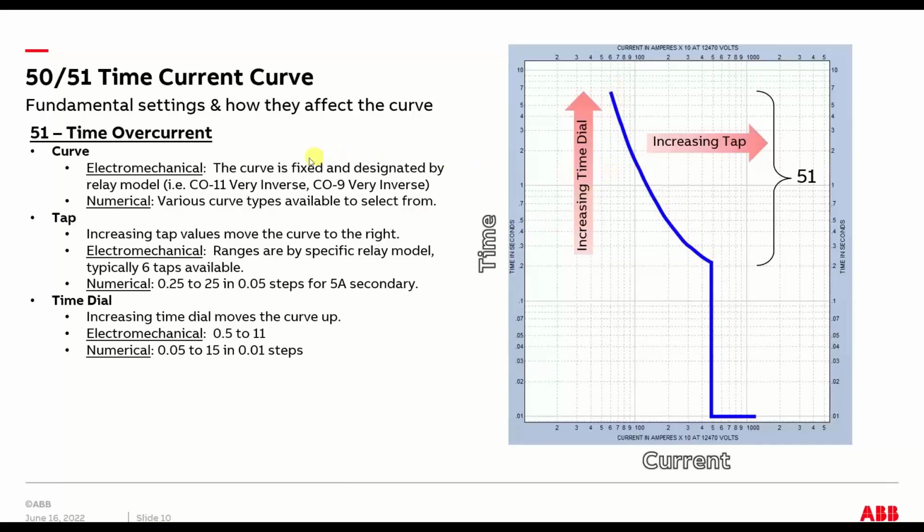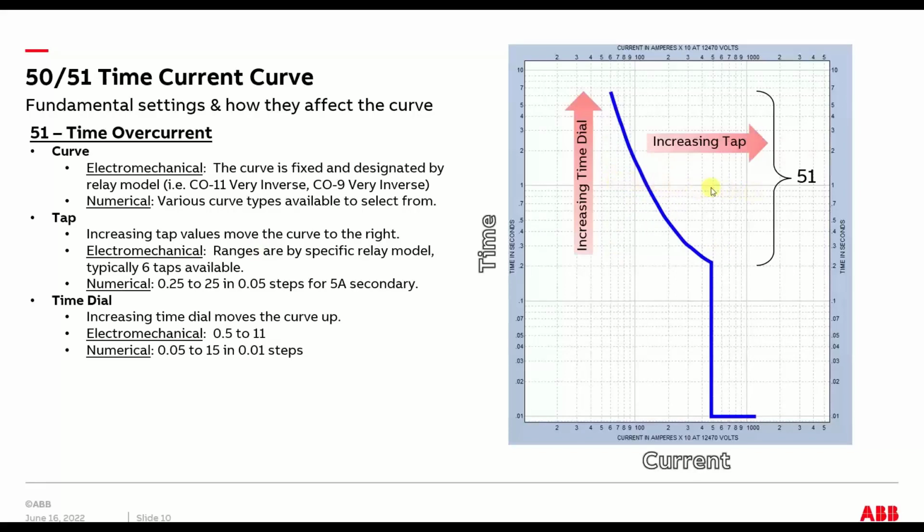In your 51 device, you have basically three settings you have to be concerned with. The curve, which is this piece here, how it's sloped. There's a couple different definitions of different kinds of slopes that you can choose from. The tap, and the tap changes the curve from left to right.